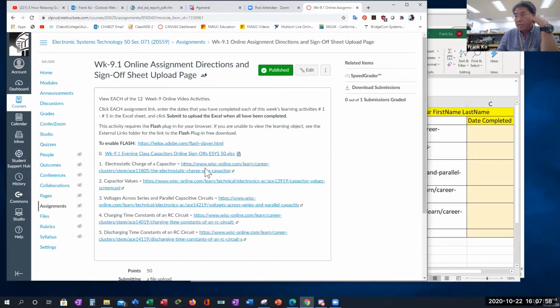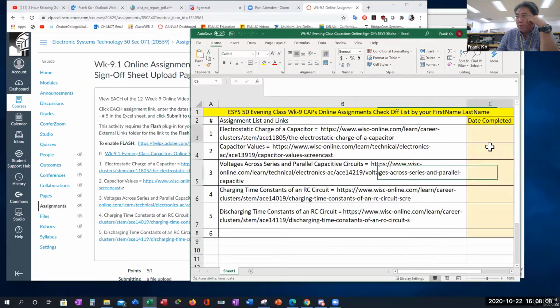Both of these take you to the same place. So you have 5 items to link up and view. Upon completing the view, put your dates in the Excel sheet, and when you have finished viewing each of those at least once, save this and upload it into Canvas. This by itself is a 50-point task. So these videos are very important.